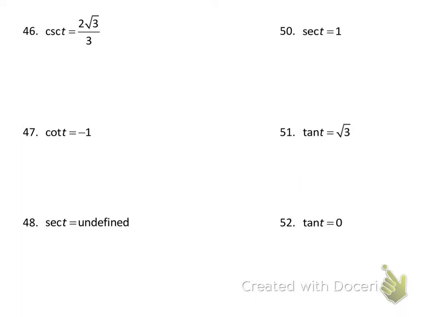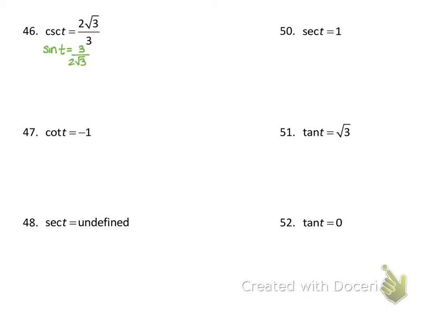Okay, we can get a little bit more complicated with some of these problems as well. If we look at 46, we have cosecant of 2 root 3 over 3. This isn't so easy to just see, so we have to do a little bit of work. We're going to take cosecant and make it into our original trig function, sine. Sine is 1 over this, so that's going to give me 3 over 2 root 3.